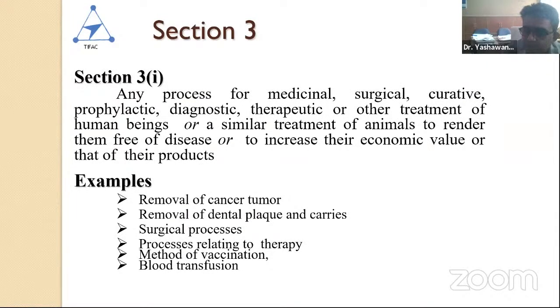When we say the medicinal or therapeutic use is not patentable, but if your drug has a therapeutic effect, the drug is patentable subject matter. The process of making the drug is patentable subject matter. The surgical instrument is patentable. The process of making that surgical instrument is patentable if that is new. Any machine which is making that surgical instrument, again patentable. And any process and component of that machine which makes the surgical instrument is patentable.